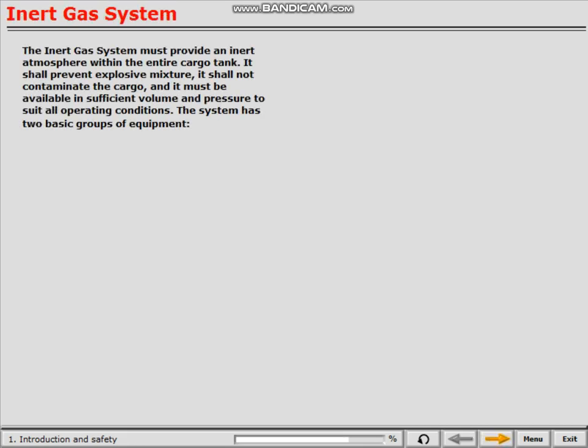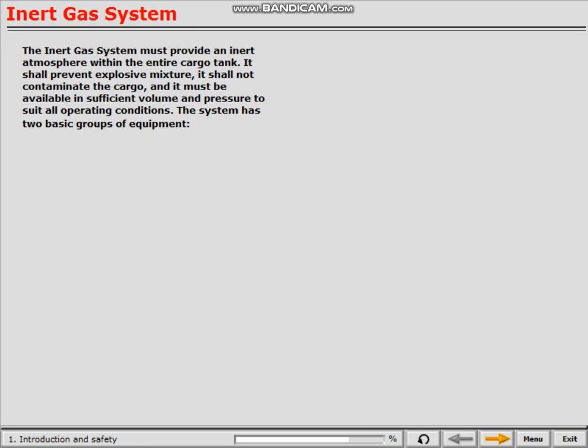The inert gas system must provide an inert atmosphere within the entire cargo tank. It shall prevent explosive mixture, it shall not contaminate the cargo, and it must be available in sufficient volume and pressure to suit all operating conditions.